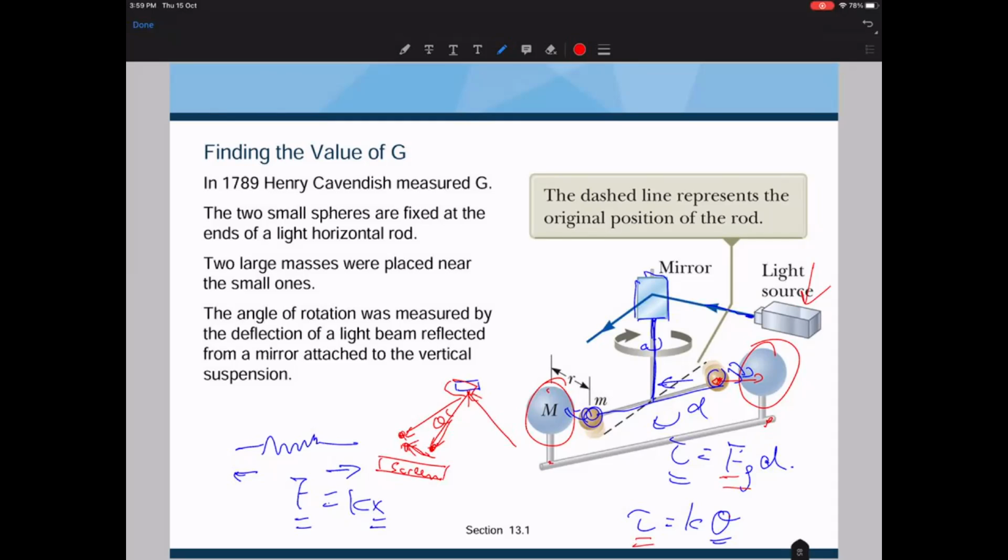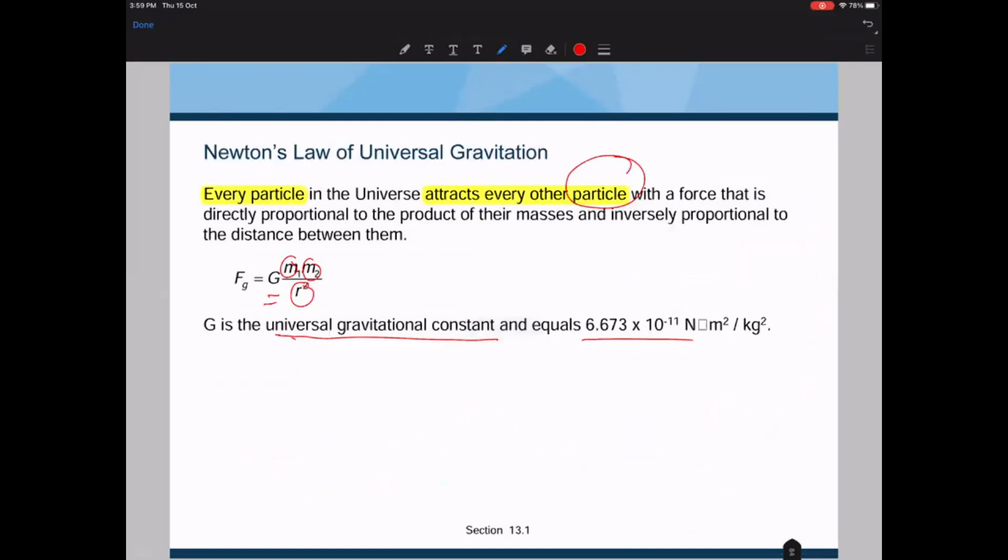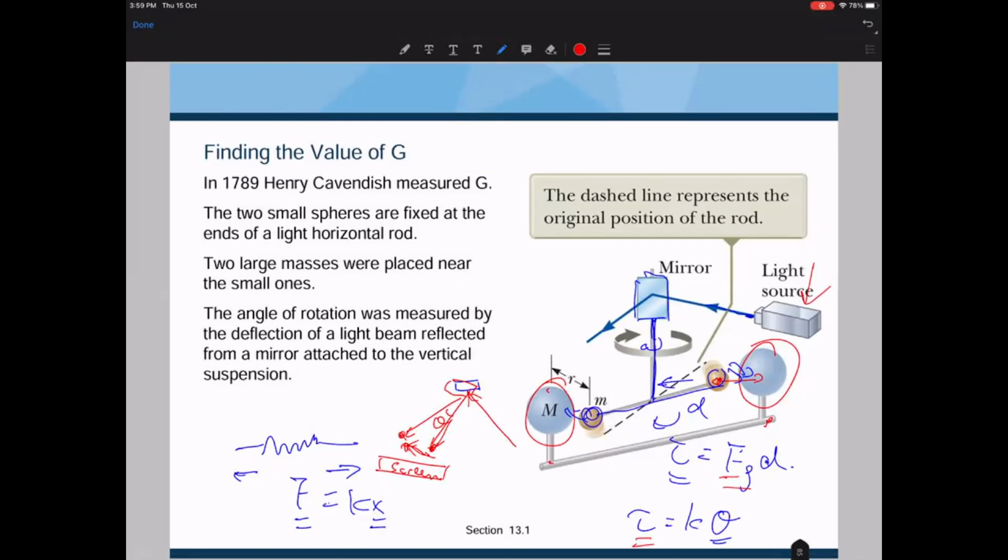Let us try to put the whole thing into context. Suppose we are in the laboratory. Let us try to erase all the things and do a quick calculation. Let us assume these are heavy objects, 10 kilograms.